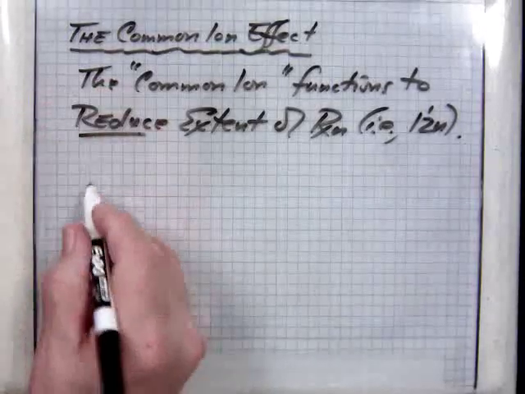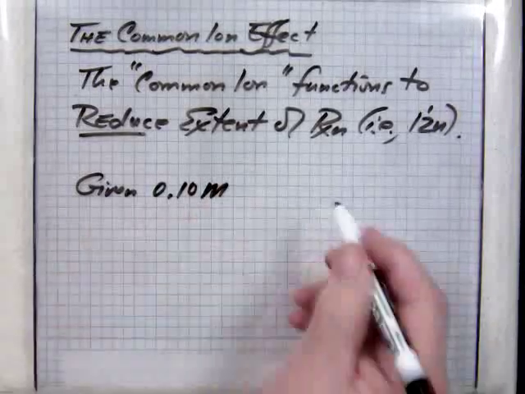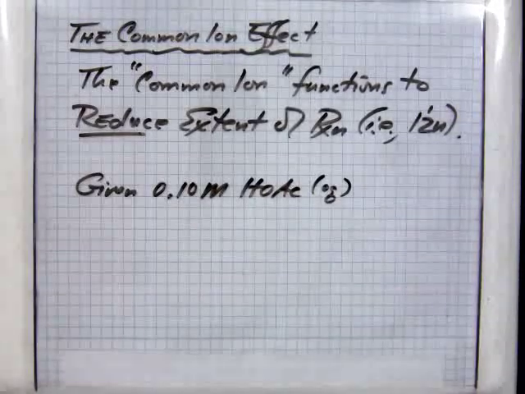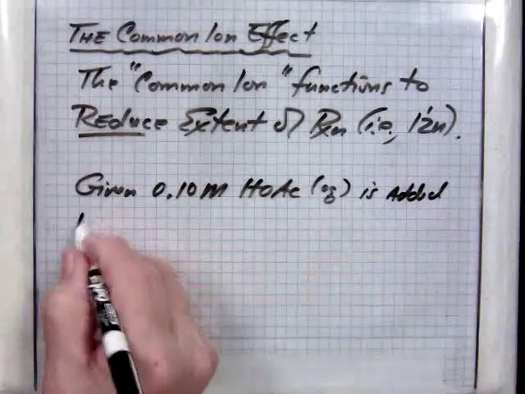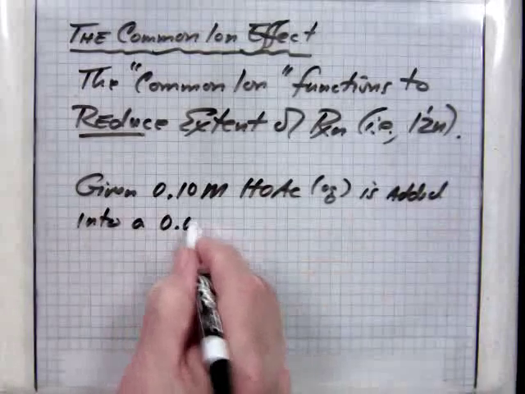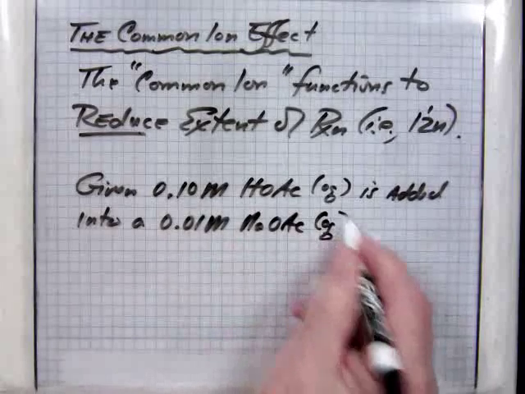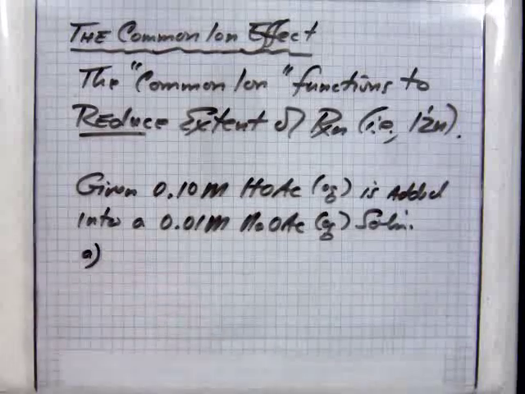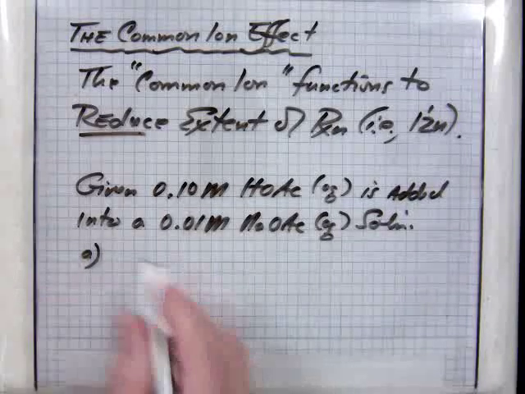Okay, say we're given a 0.10 molar acetic acid in aqueous media that is added into a 0.01 molar sodium acetate aqueous solution. What is the hydronium ion concentration and acetate ion concentration, to make that comparison?